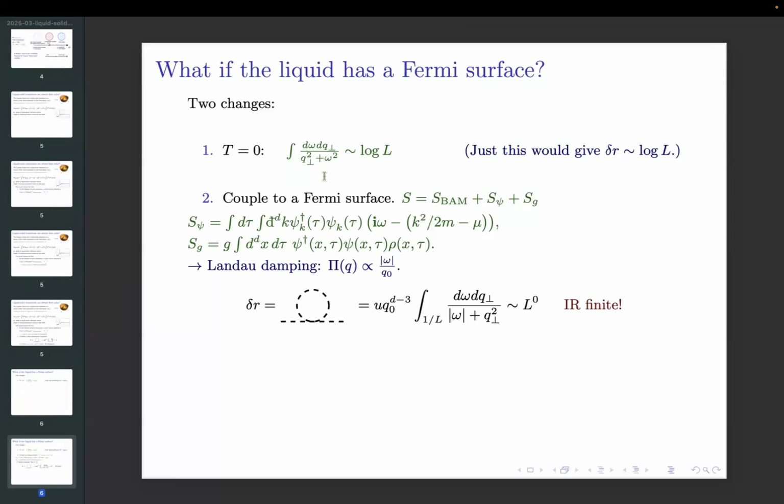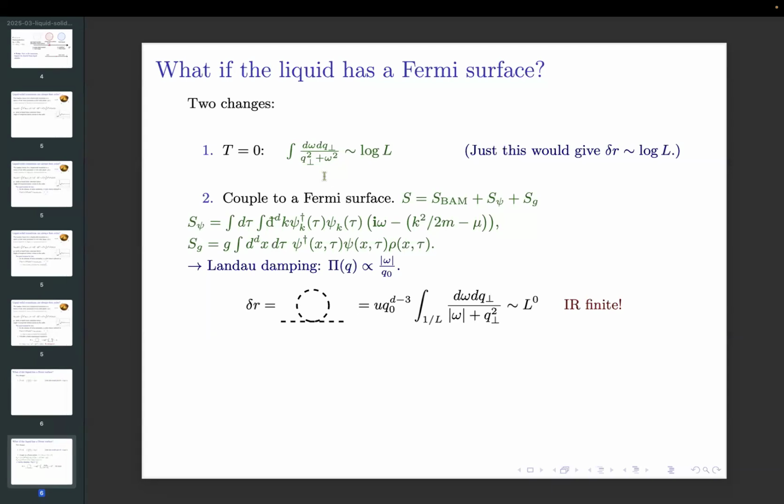Instead of omega squared, its dispersion is mod omega from the loop of the fermions renormalizing the propagator of the boson. And now if we do this calculation, we find a finite answer. Okay, so the point I want to make is that with these two modifications, if we ask about a solidification transition that happens at zero temperature and in the presence of a Fermi surface, this argument is gone. It can be continuous.